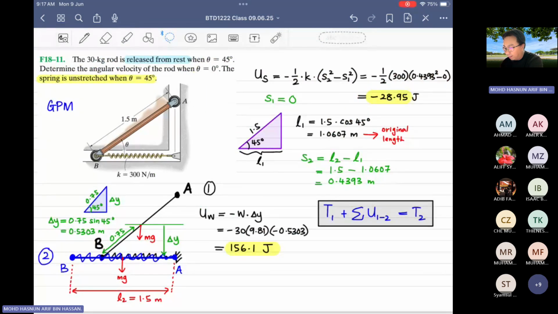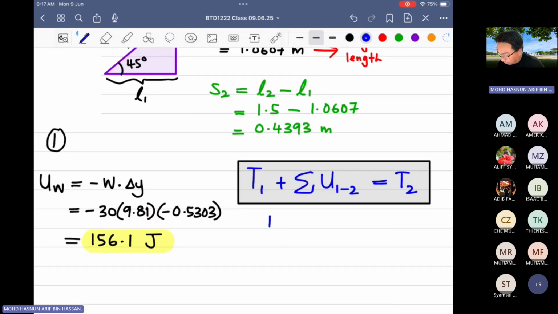So total work done we already have, 156.1 and minus 28.95. And from the question, we know that T1 is equal to 0. So write it down. T1 is equal to 0. Okay, because it starts from rest.